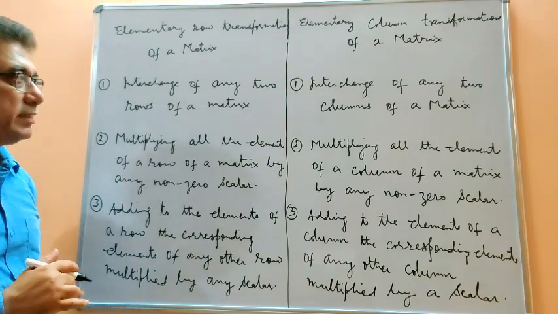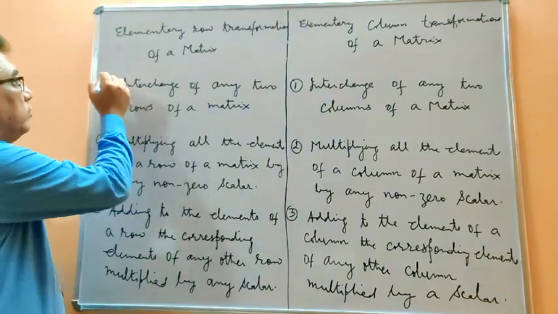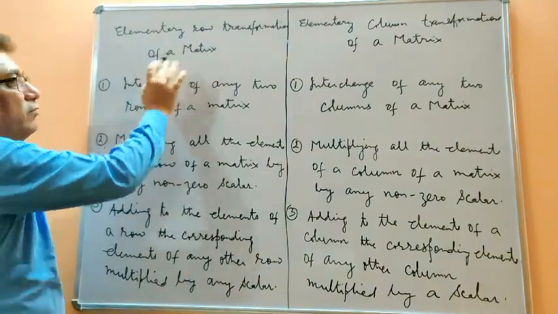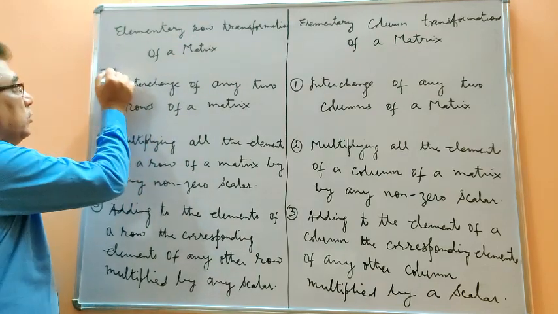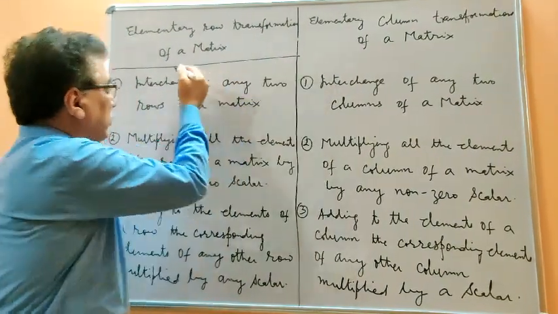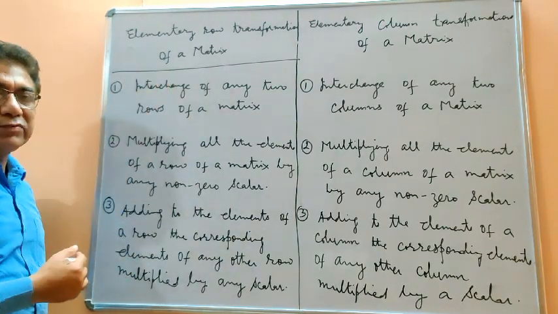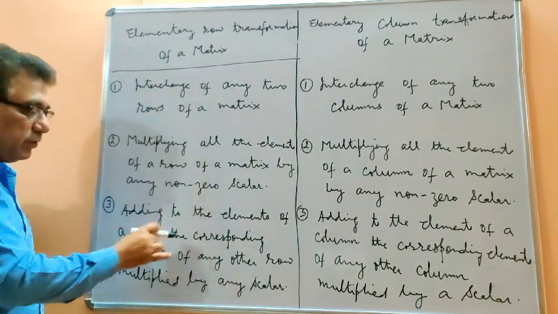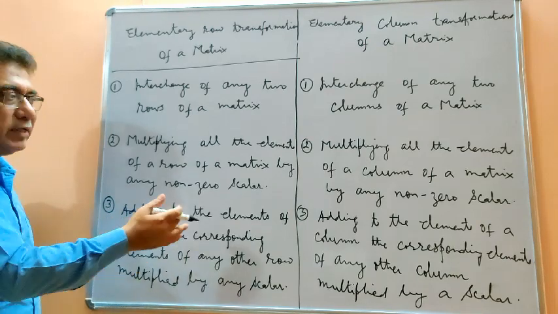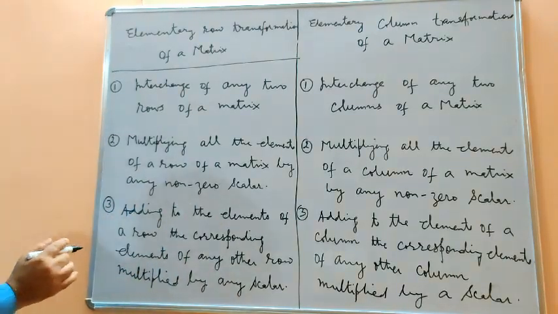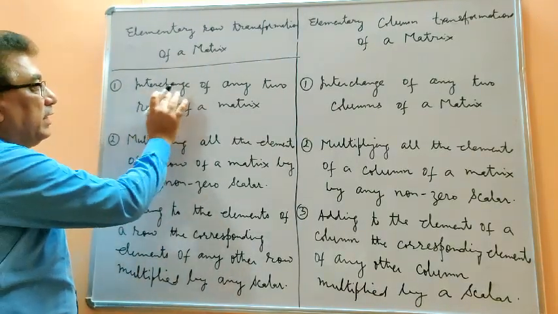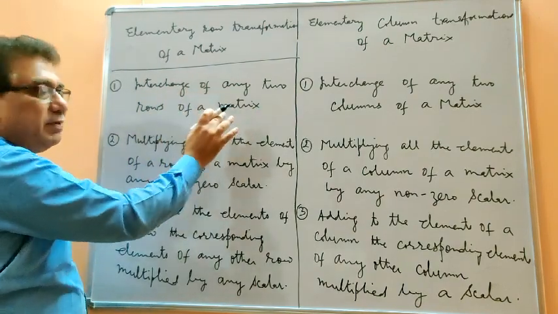I will tell you that later, but first follow what is the meaning of elementary row transformations. There are the following three operations, which can be performed on the matrix to get its inverse. What is the first one? Interchange of any two rows of a matrix.